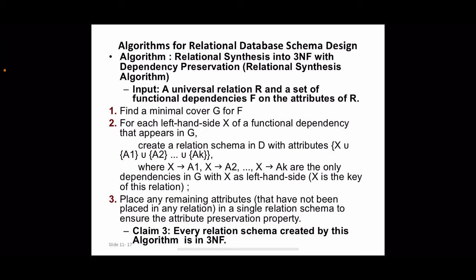When we decompose a relation into a set of sub-relations, the attributes may be components of some of these relations, and none of the attributes in the original relation should be lost. We have to keep all those attributes in at least one of the relations. To maintain that property, here also we take all the remaining attributes after step 2 and place all of them into a single relation.